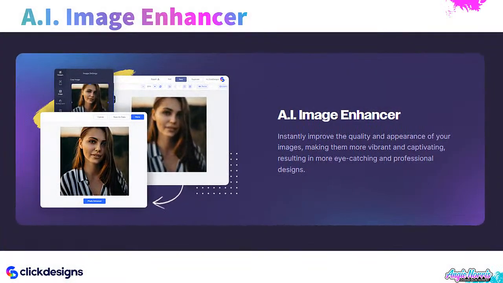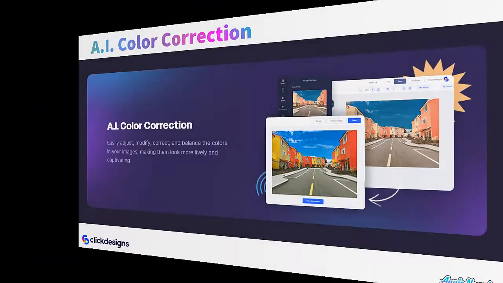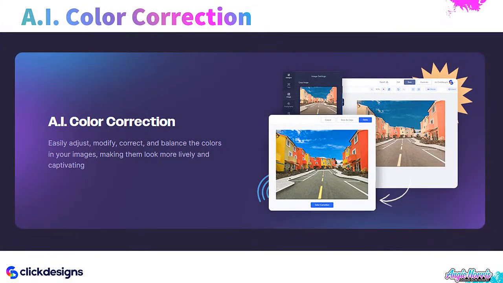An AI image enhancer. This is another great way to take photos that maybe aren't as crisp and clear, and you can instantly improve the quality and appearance of the images, making them more vibrant and captivating, which is really cool. And then AI color correction.